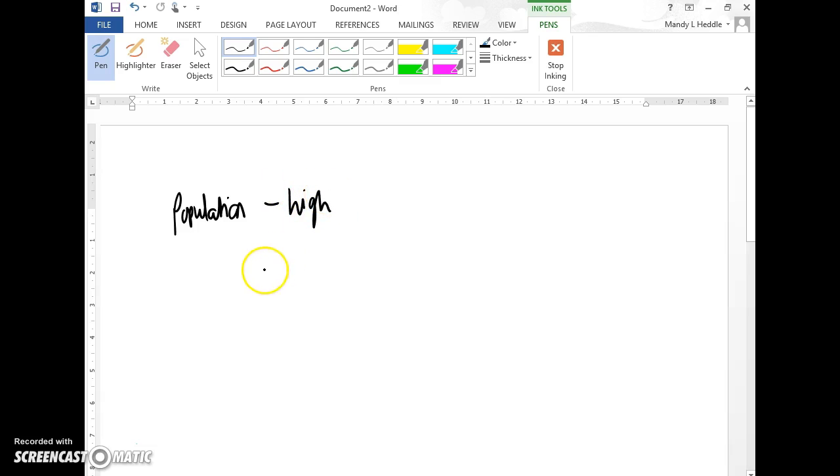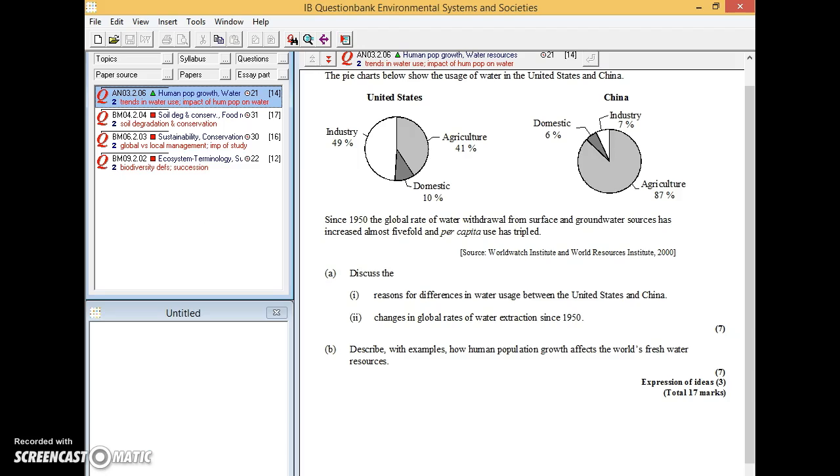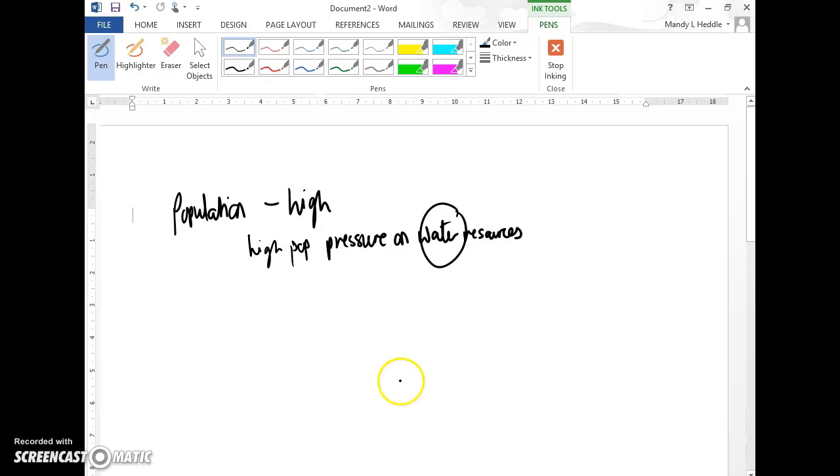So high population puts pressure on water resources. Now what occurs to me is, are we looking at freshwater or saltwater or both? Can I do both? Freshwater only, okay.